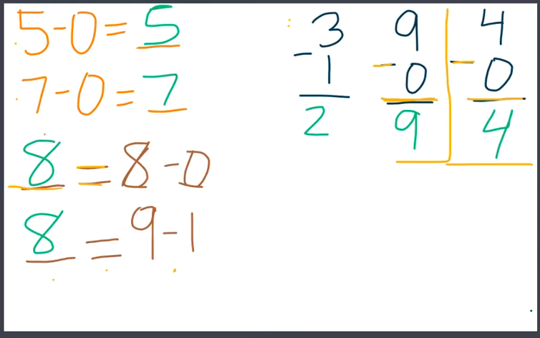The same pattern follows here. 3 minus 1 equals 2. 2 is the next smaller number than 3.